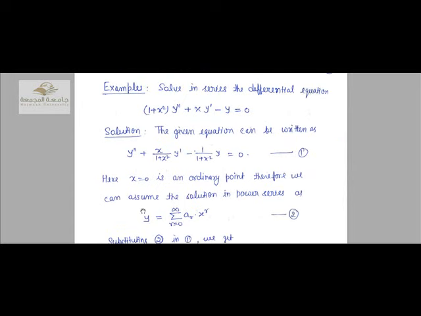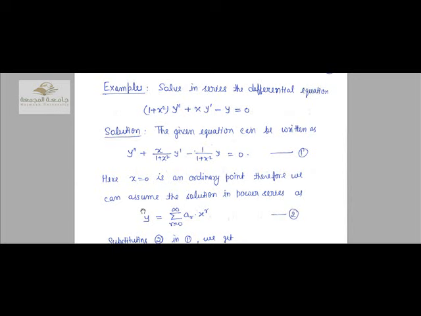Now we are going to solve the problem. Example number 1: solve in series the differential equation (1 plus x square) y double dash plus x y dash minus y is equal to 0.